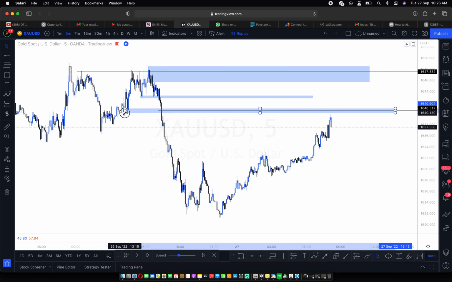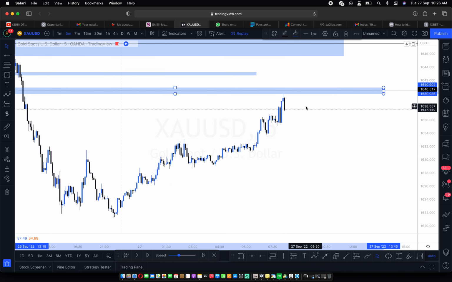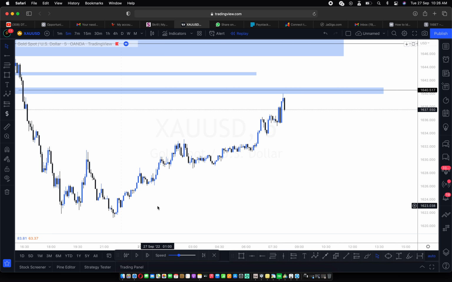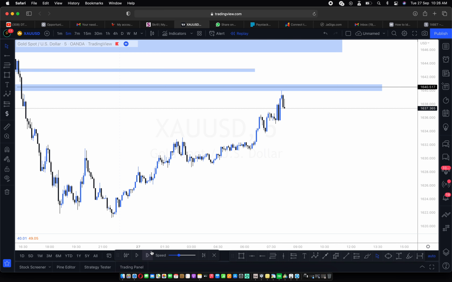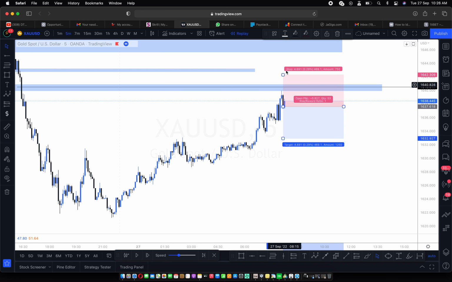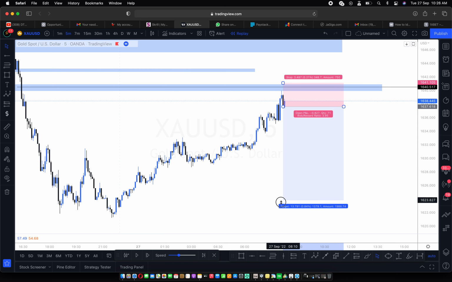Sorry, it hit this thing to the wick. Very good. So look at this. As price got here, it gave us another engulfing. We wait for that engulfing to be done. Once it closes, you enter the trade, and you put your stops above the zone, still with the same target.